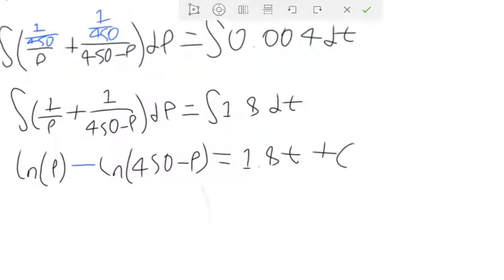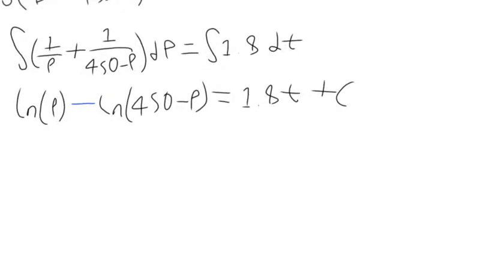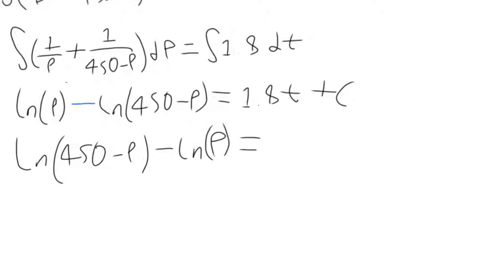Now, I just need to solve for p in terms of t, and also use my initial condition. So firstly, if I put these logarithms together, I will get the log of p over 450 minus p. And I'm not going to be able to do anything with that because I'll have the two terms in the denominator. So what I really want to do is kind of switch these two. So I'm going to multiply both sides by -1. When I do that, I will get natural log of 450 minus p minus the natural log of p equals negative 1.8t minus c.